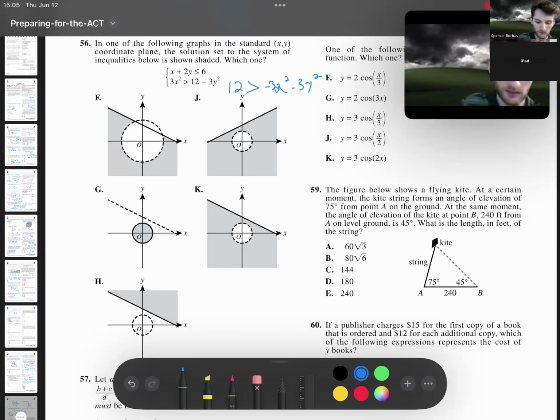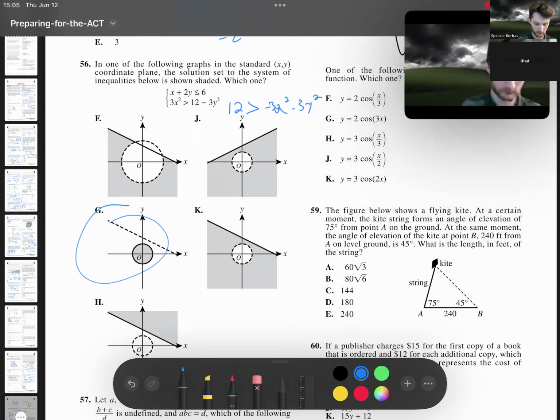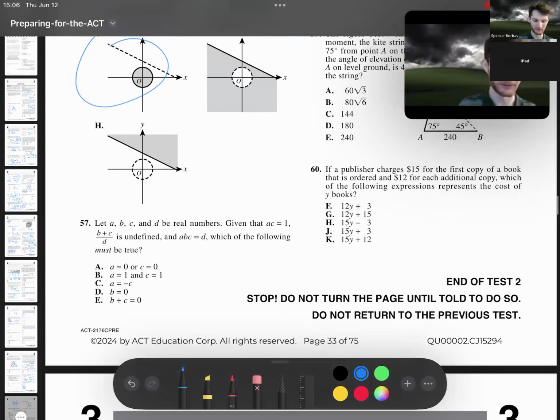X, y. If I input 0, the origin, then the inequality is met. So it has to be this. I'll double check that later if I have time.